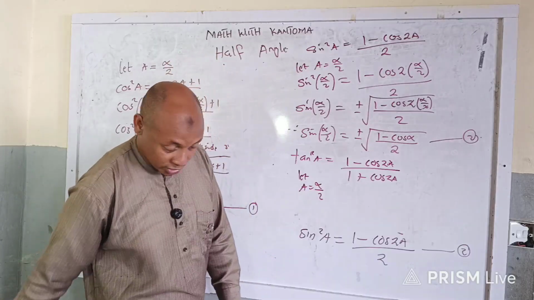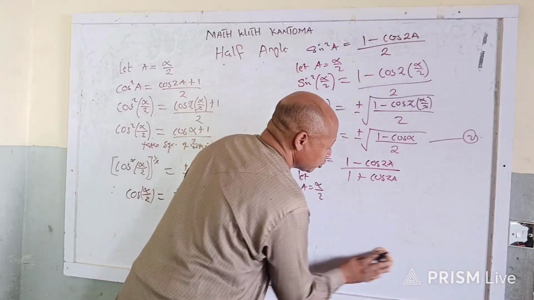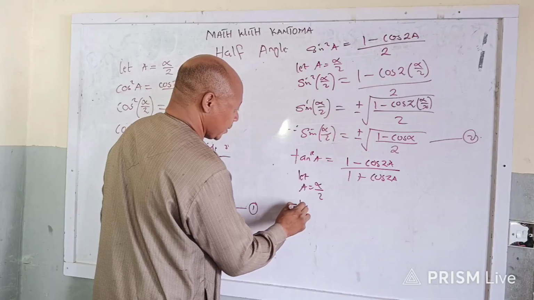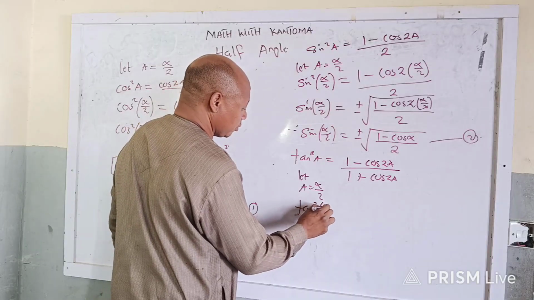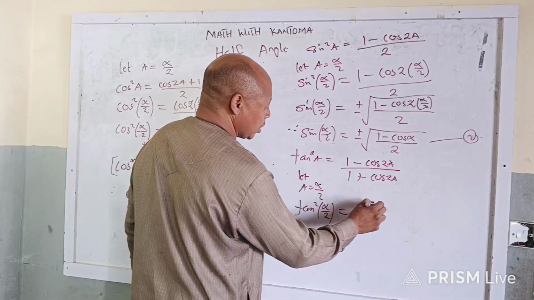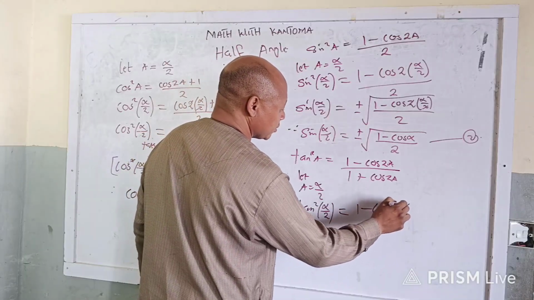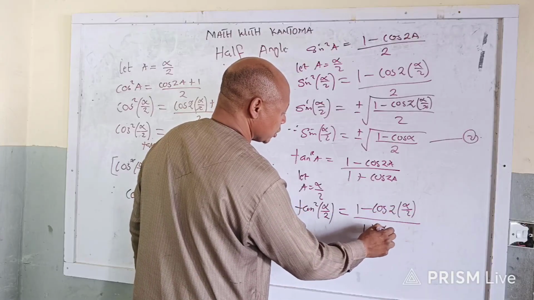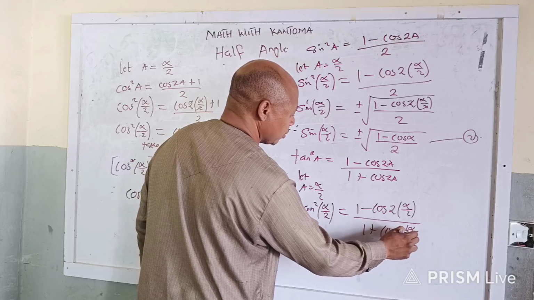Substituting A to be alpha over 2 in this equation, tan squared alpha over 2 is equal to 1 minus cos 2 times alpha over 2, all divided by 1 plus cos 2 times alpha over 2.